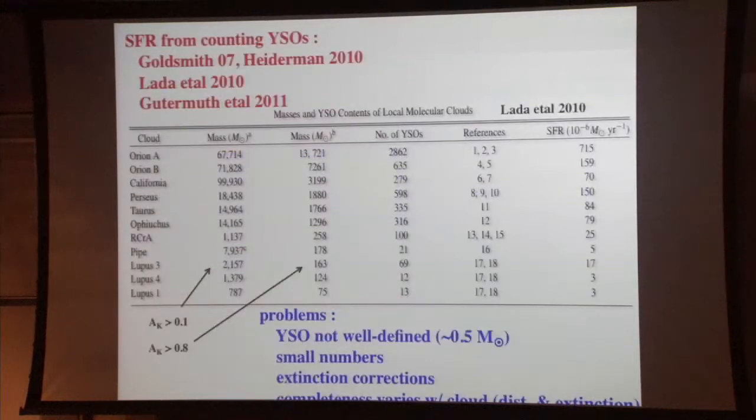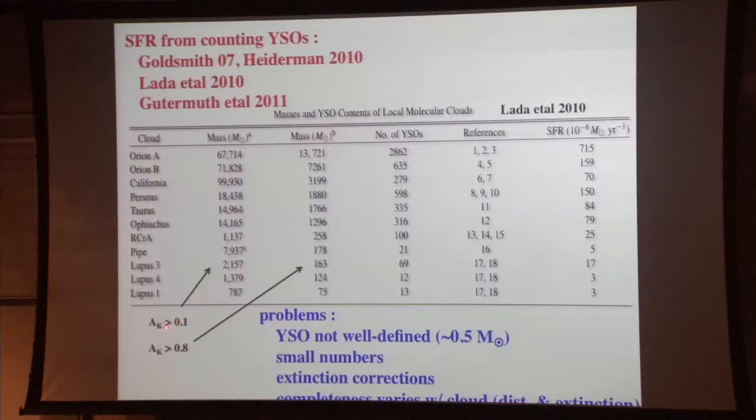So here it's been done by a number of authors, including Paul, Heiderman, Lada, Gutermuth. And here from the Lada 2010 reference is a collection of nearby clouds ranging from very low mass clouds up to Orion A and B. The cloud mass density measured from extinction, A sub K, K band.